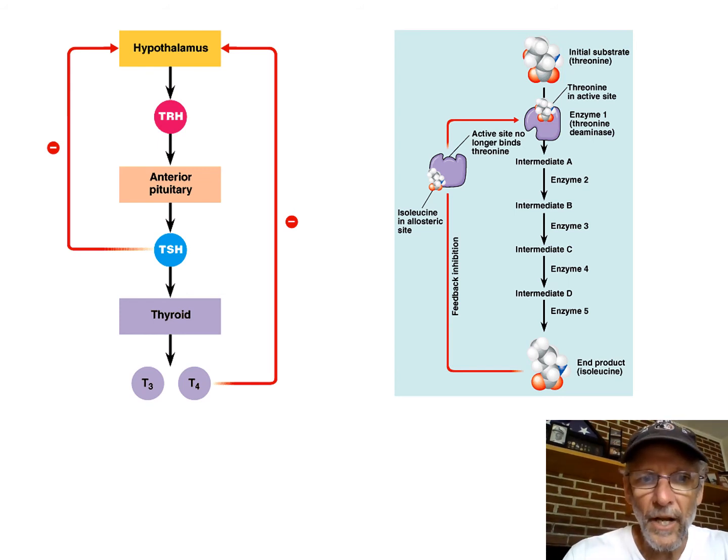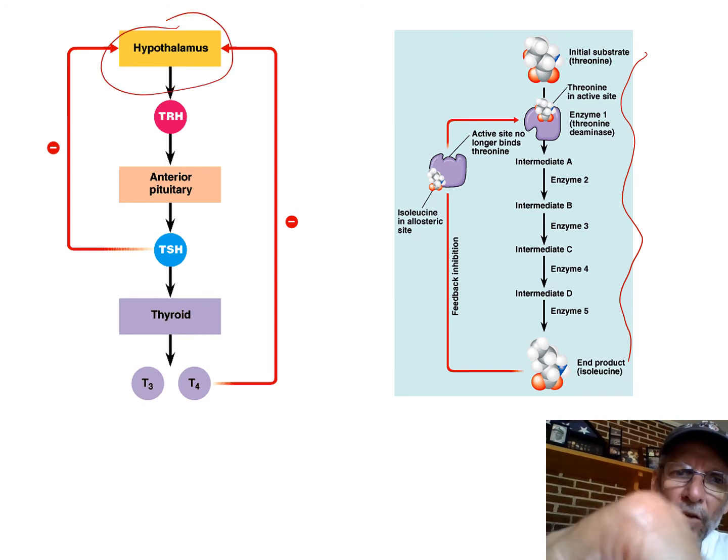So here's a comparison now. I'm bringing this one back because it is the same negative feedback concept, right? But this time it's in a chemical pathway as opposed to one that involves body parts.